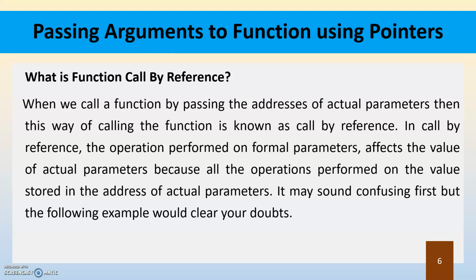In call by reference we do not pass any value, we directly pass the address of the actual parameter, and when the operation is performed in the function definition by the formal parameters, it also changes the actual parameter. That's why in call by reference there should be no return value.